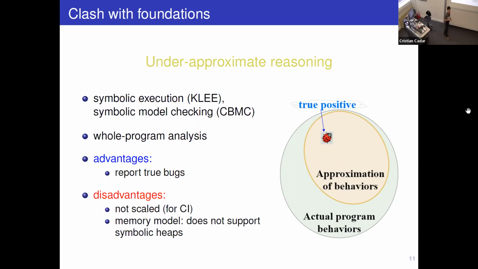So that's a true bug. But there are some pros and cons here. The cons are that they don't scale to three dimensions, as I said before. And second, they don't really have a memory model for unbounded symbolic heap.